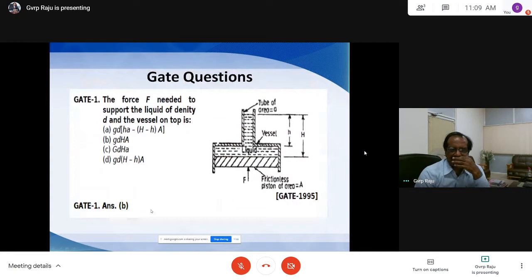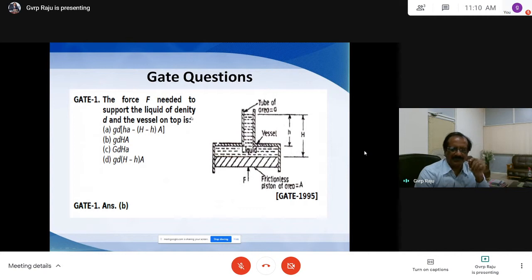The other GATE question: the force F needed to support the liquid of density D and the vessel on the top is? The answer is B, gDHA. No doubt the total head available is H here, and the area you need to consider is the capital A. So H and A is also correct, and this D is density, not the depth here.